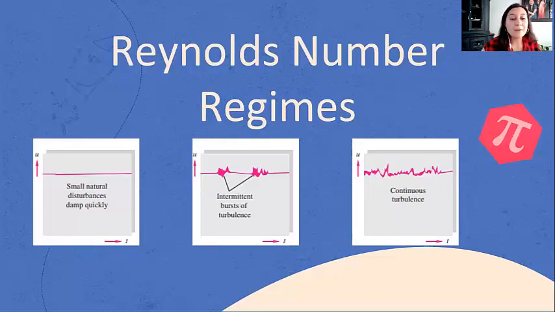If the flow is laminar, there may be occasional natural disturbances that damp out quickly. If transition is occurring, there will be sharp bursts of indeterminate turbulent fluctuation. Increasing the Reynolds number causes a breakdown of the instability of laminar motion, and at sufficiently large Reynolds number the flow will fluctuate continually and is termed fully turbulent.